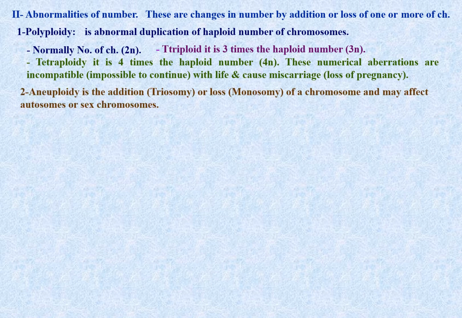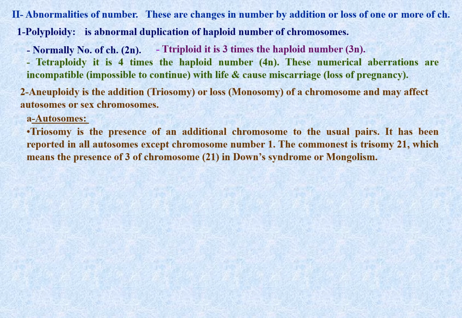Aneuploidy is the addition, trisomy, or loss, monosomy, of a chromosome and may affect either autosomes or sex chromosomes. Autosomes: trisomy is the presence of an additional chromosome to the usual pairs. It has been reported in all autosomes except chromosome number 1.